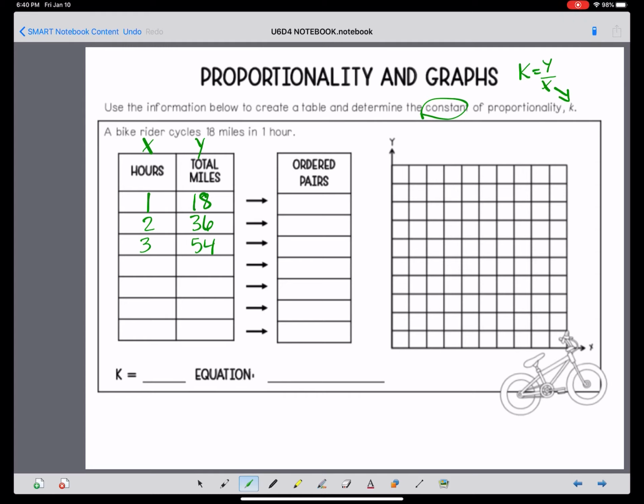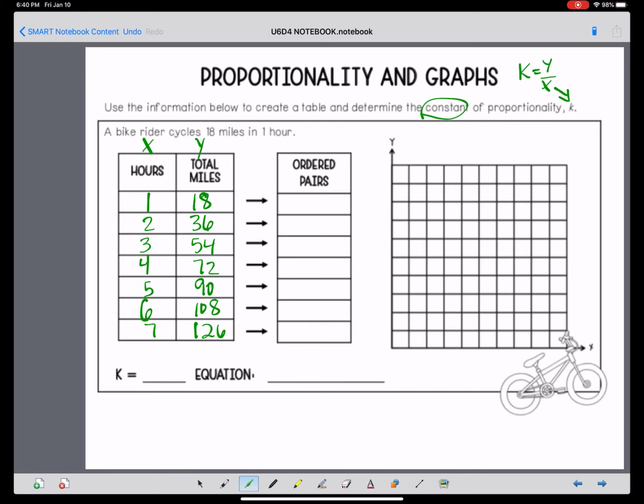So for 4 hours, we know he does 18 miles an hour, so we could do 4 times 18 to get our answer, which is 72. Now I could do 5 times 18 and get 90. And 6 times 18, and that gives us 108. And 7 times 18, which gives us 126.